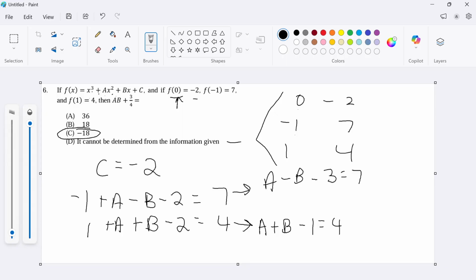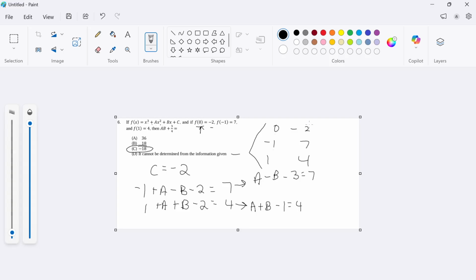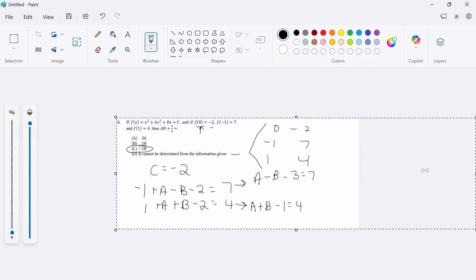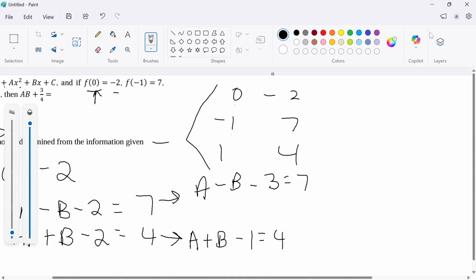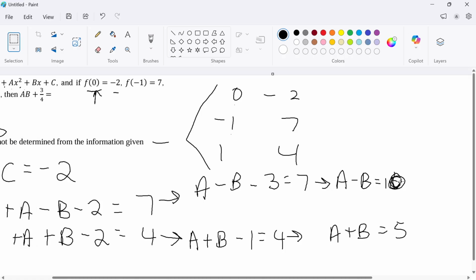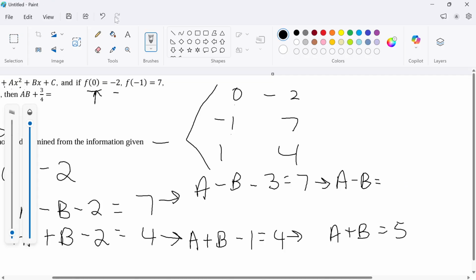For the first, I'm going to add 3 to both sides, so a minus b equals 10. For the second, I'm going to add 1 to both sides, so a plus b equals 5. I'll fix the typo so no one can complain.